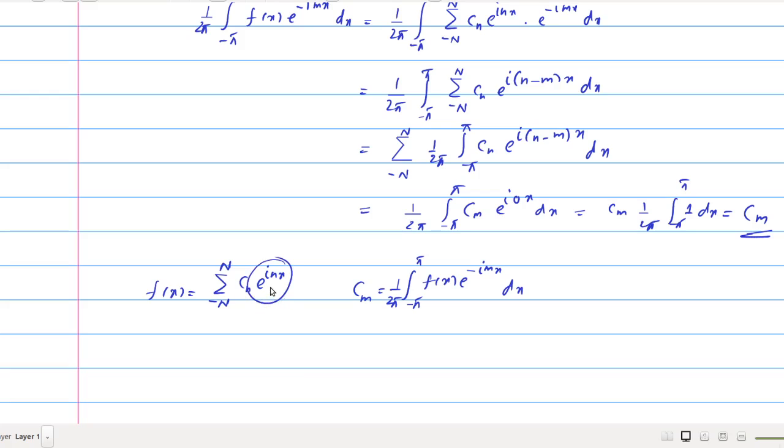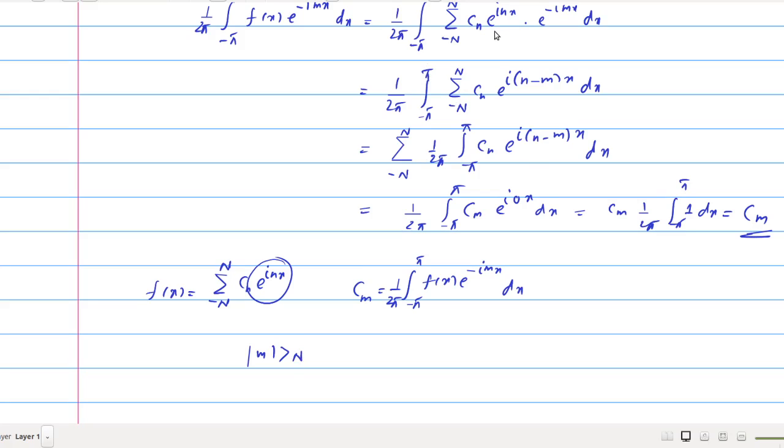So we use the conjugate of e raised to i n x to extract the coefficients of this trigonometric polynomial. Okay, so therefore if you evaluate this expression for all the values of m, we can get these coefficients. If mod m is greater than this capital N, then there is no e raised to i n x.